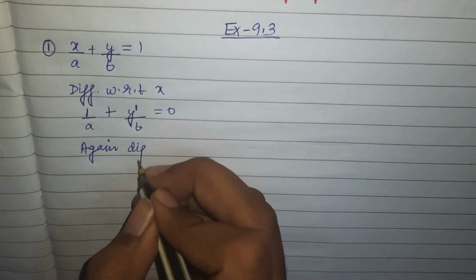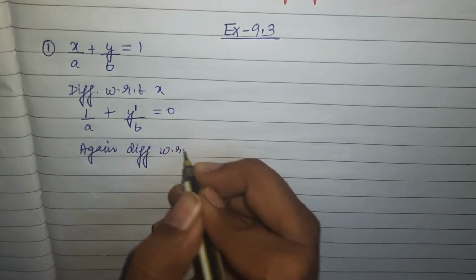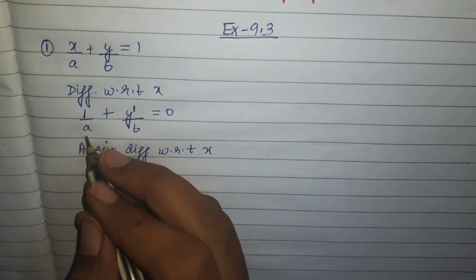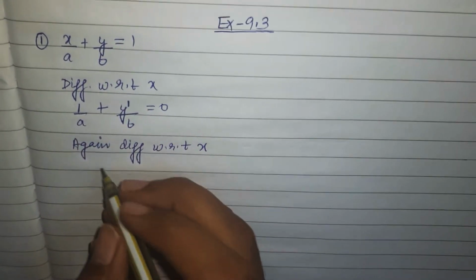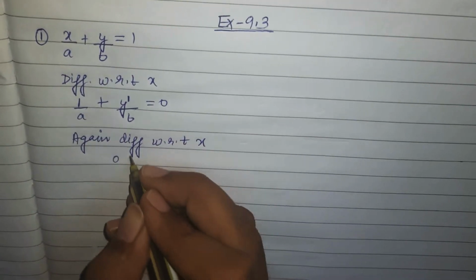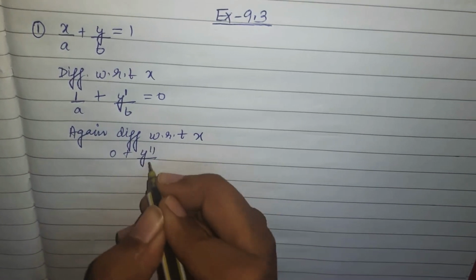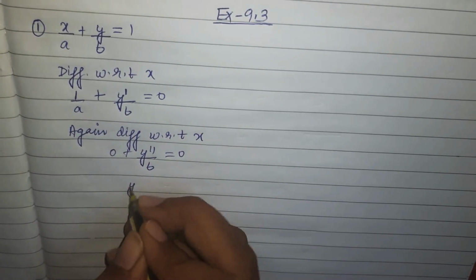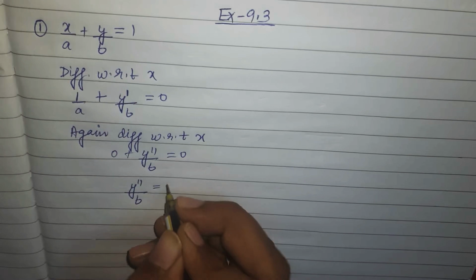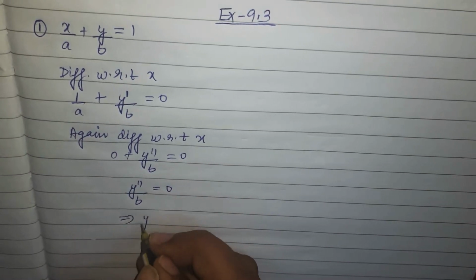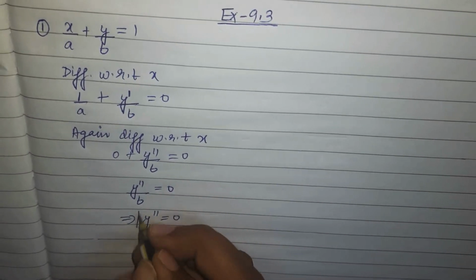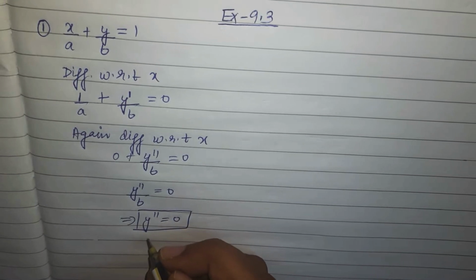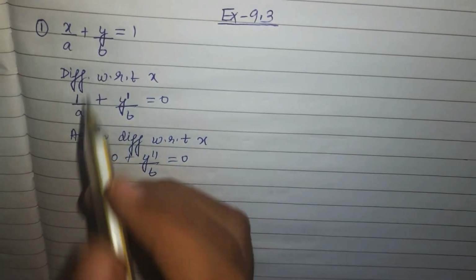Again differentiate with respect to x. So 1 upon a is the constant term, it will become 0, and this will become y double dash upon b, which is equivalent to 0. In the final, I am getting this differential equation. So this is your required differential equation of the given curve.